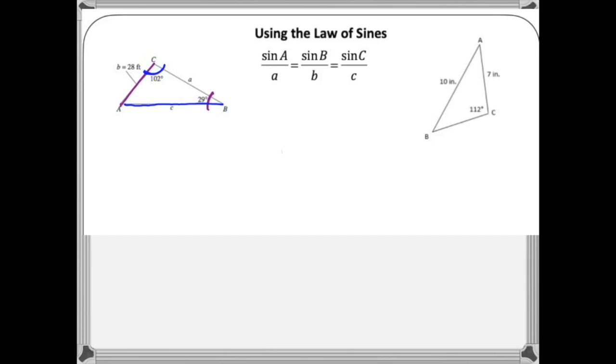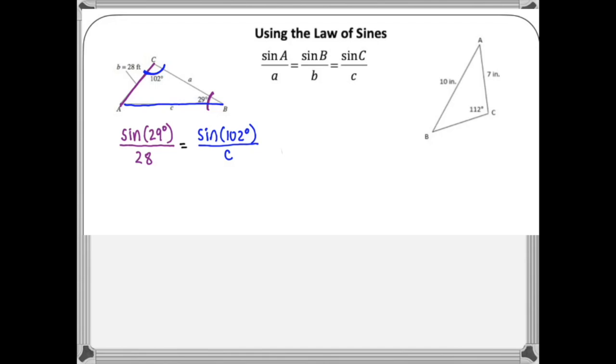So it looks like we're going to go ahead and take a look at this. Watch what I'm writing in purple here. We're going to go the sine of 29 degrees divided by the opposite side, which is going to be 28 feet, equals, and in this case we're solving for a side, so we're going to go sine of 102 degrees all over some unknown value c.